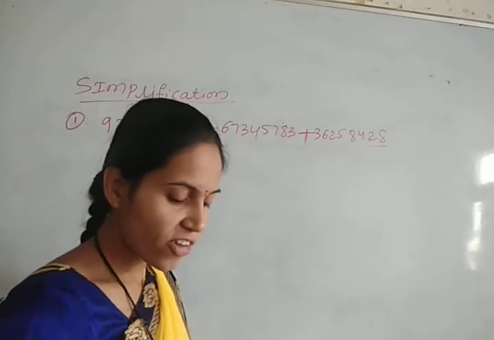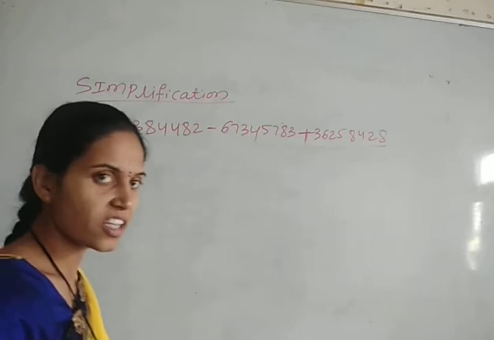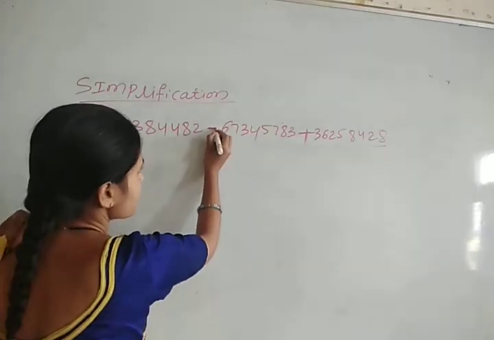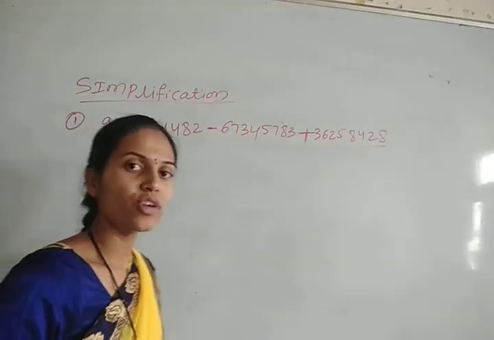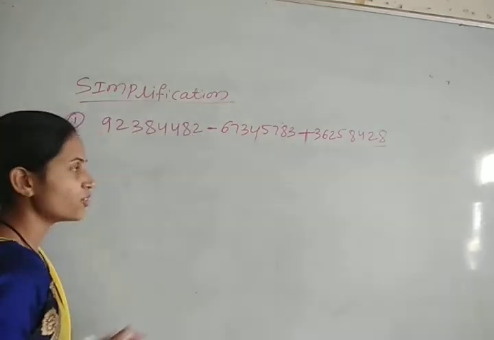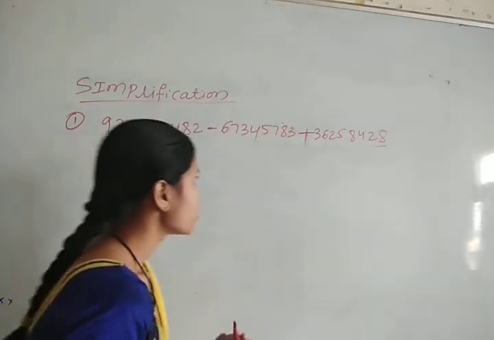What have they given? To simplify the sums involving both addition and subtraction, first add and then subtract. So here we have a sum involving both addition and subtraction. For these kinds of problems, what do you need to do? You need to do addition first and then subtract. Now what will you do?